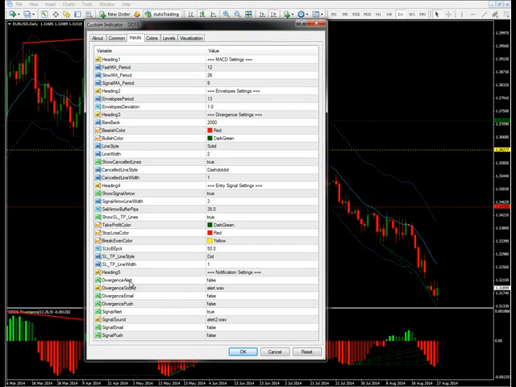We have a chart pop-up, which is this divergence alert. There's an email alert, and there's a push notification to your smartphone alert. If you want to be alerted when there's an entry signal or a new arrow appears on the chart, we can be alerted on the chart, email, or a push notification. And you can customize these to however it is you're going to use the system.